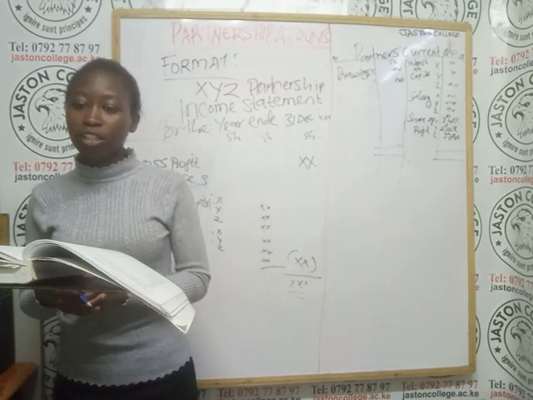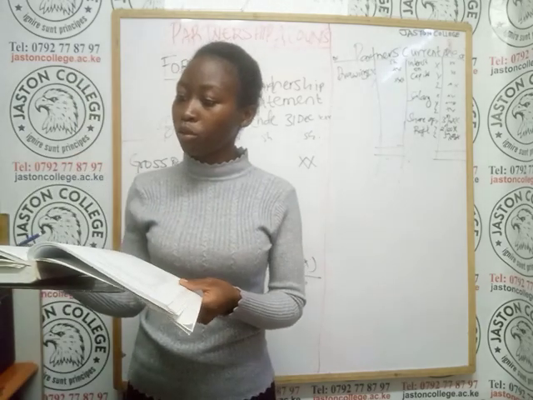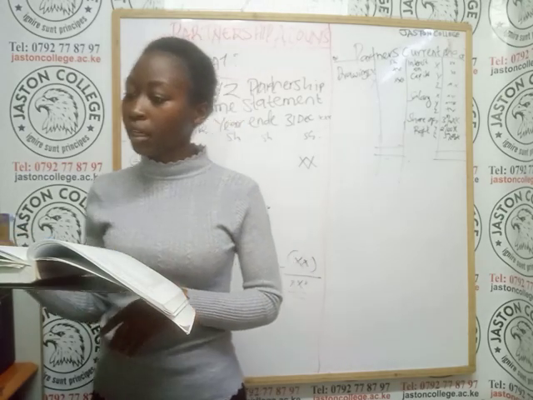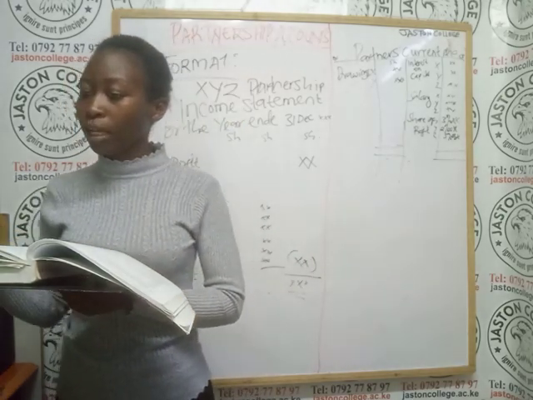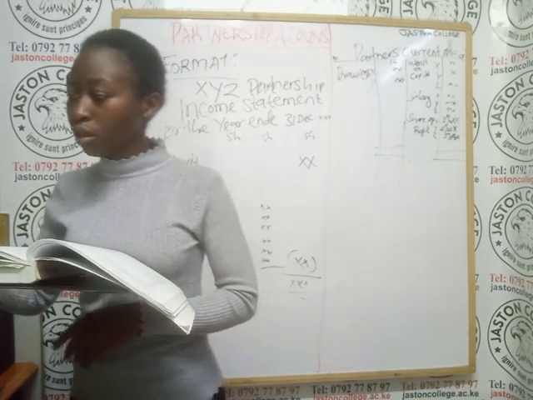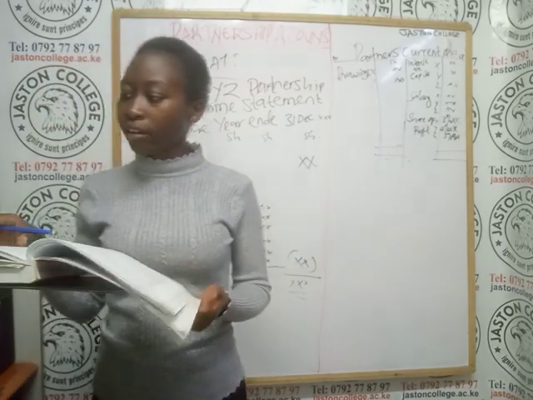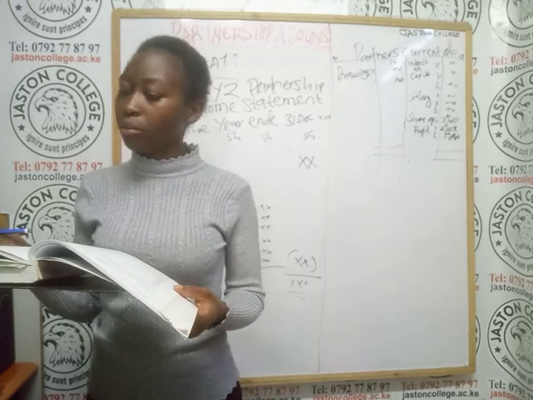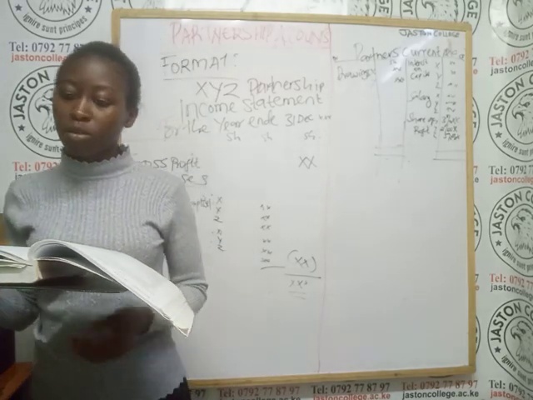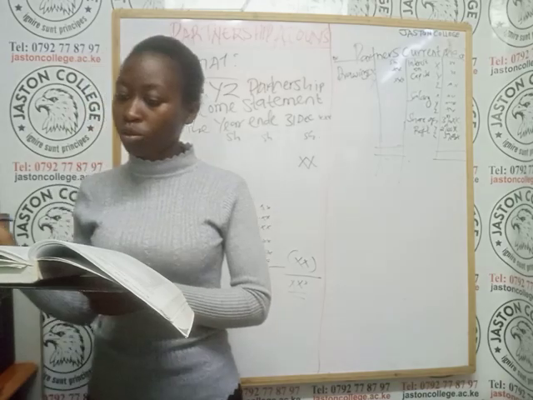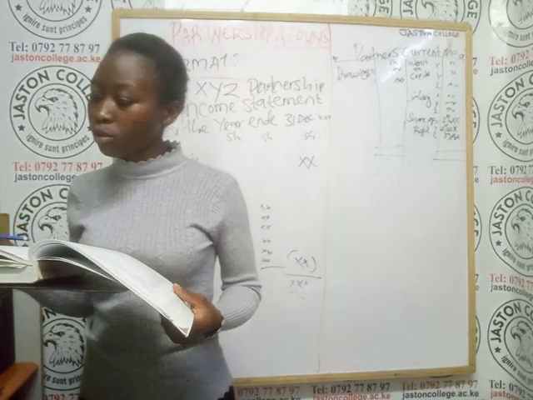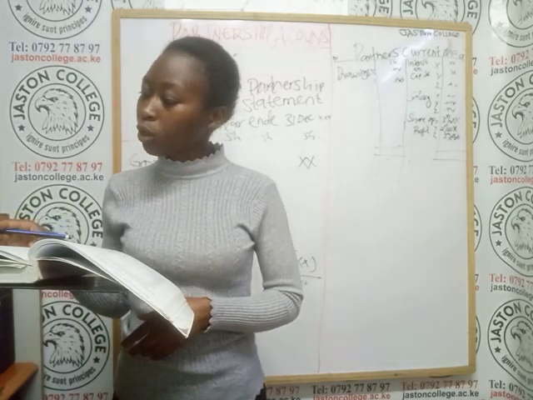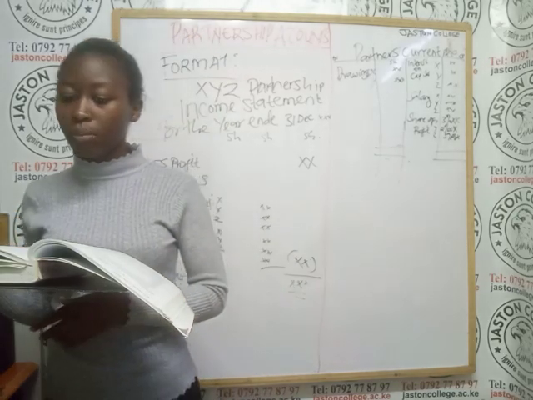Then we also have additional information. Note 1, as at 30th June 2017, accrued distribution expenses amounted to 1.5 million, while rent paid in advance was 3 million. Depreciation is to be charged as follows. Note 2, motor vehicles 20% straight line method, then equipment 10% reducing balance.